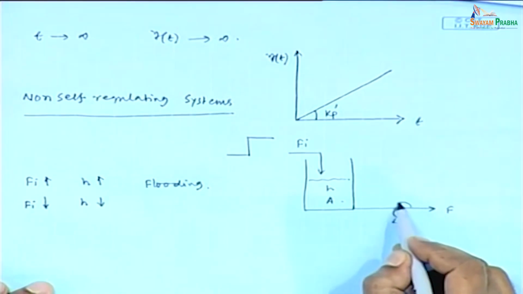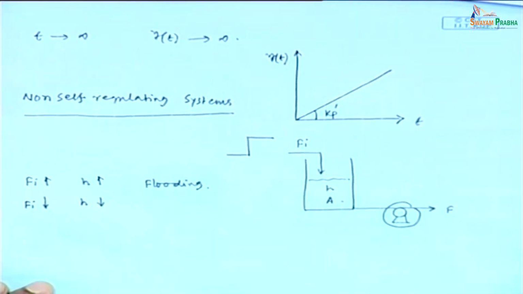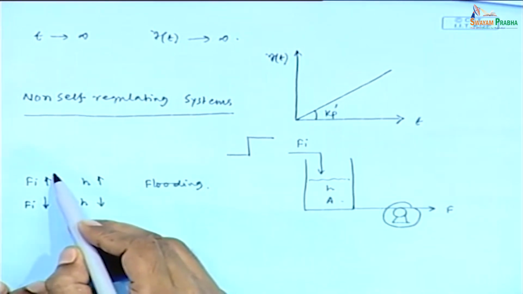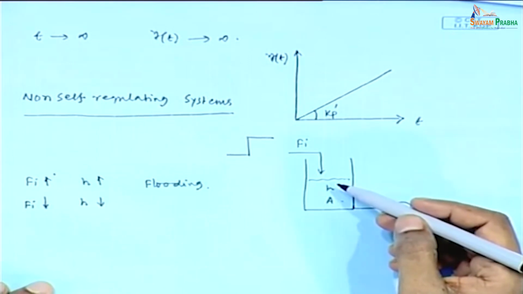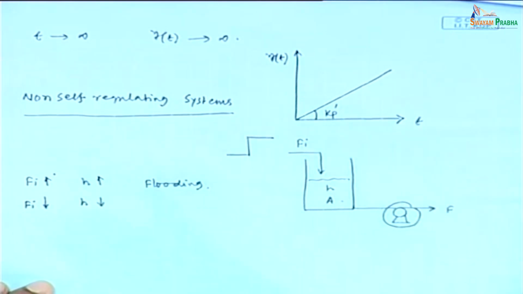Fine. If there is no pump, with the increase of F I, the height increases instantly, then hydrostatic pressure increases, which in turn increases the outflow rate and equilibrium is established, that is basically the new steady state.